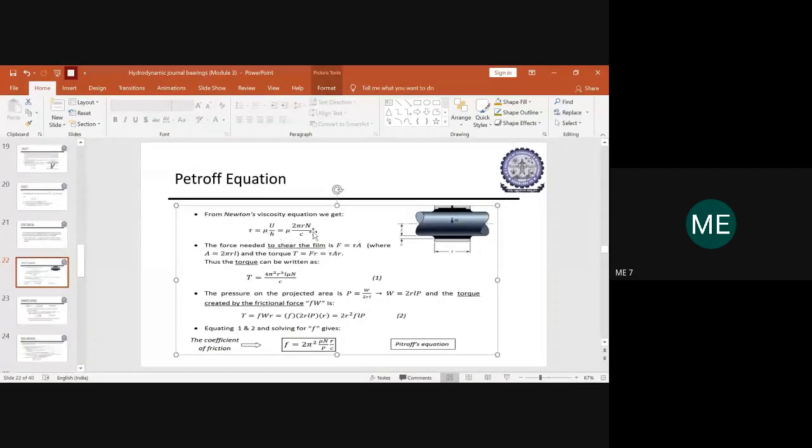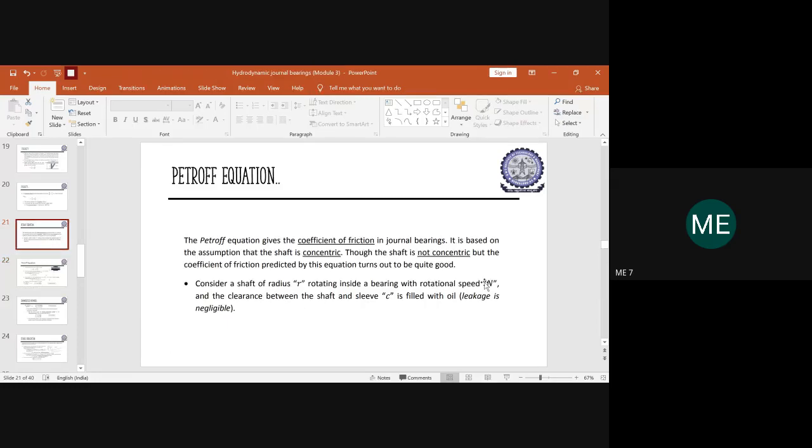Now we are replacing it with some values. This is a constant velocity gradient, so the velocity you have to replace with some terminologies. You have the journal and the bearing, right? The velocity with which it is moving is associated with the circumference of the journal, so you write 2 pi r, and the speed with which the bearing is rotating is represented by n, as I told you previously, the rotational speed.